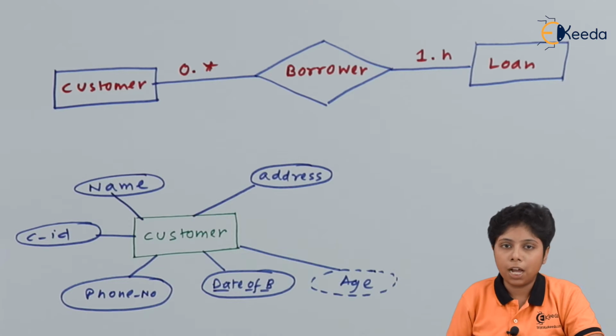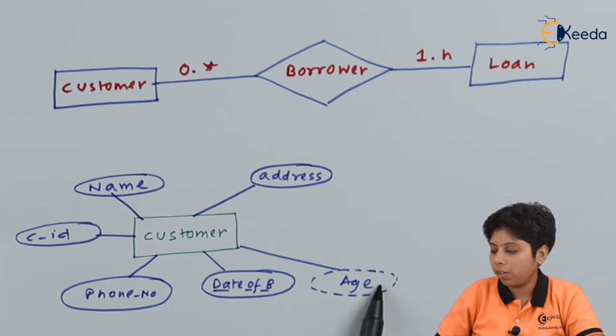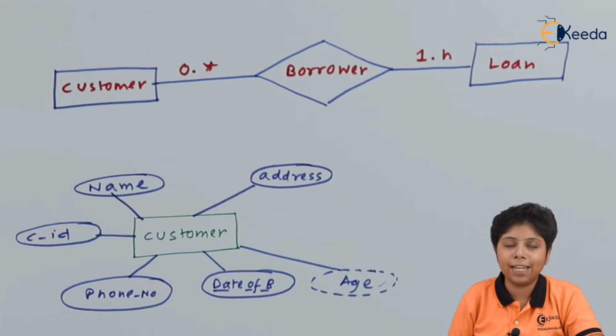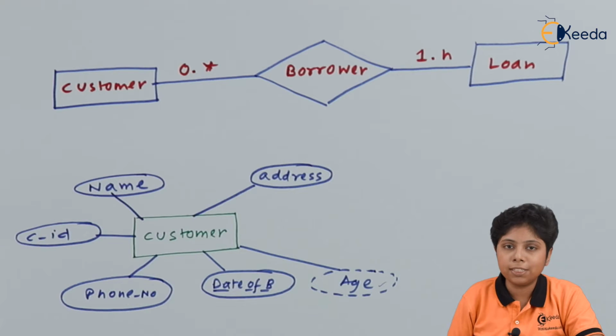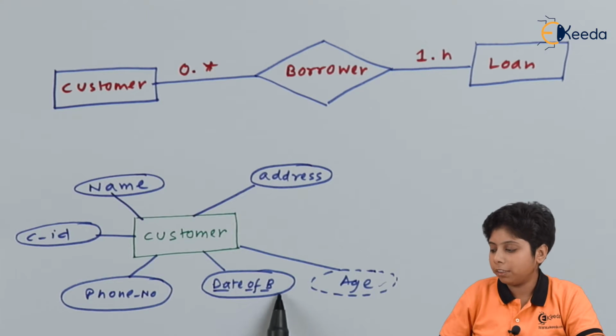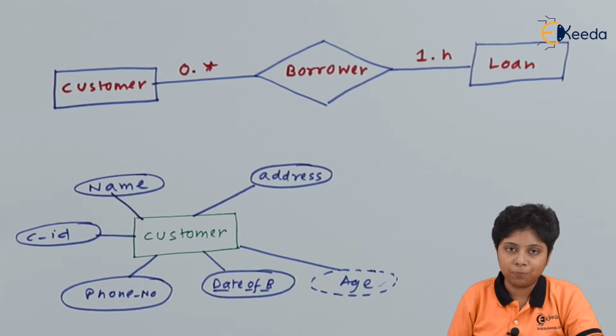The dashed oval of age represents that age can be derived from the attributes present in this customer relation. So age can be derived from the date of birth of that particular customer.